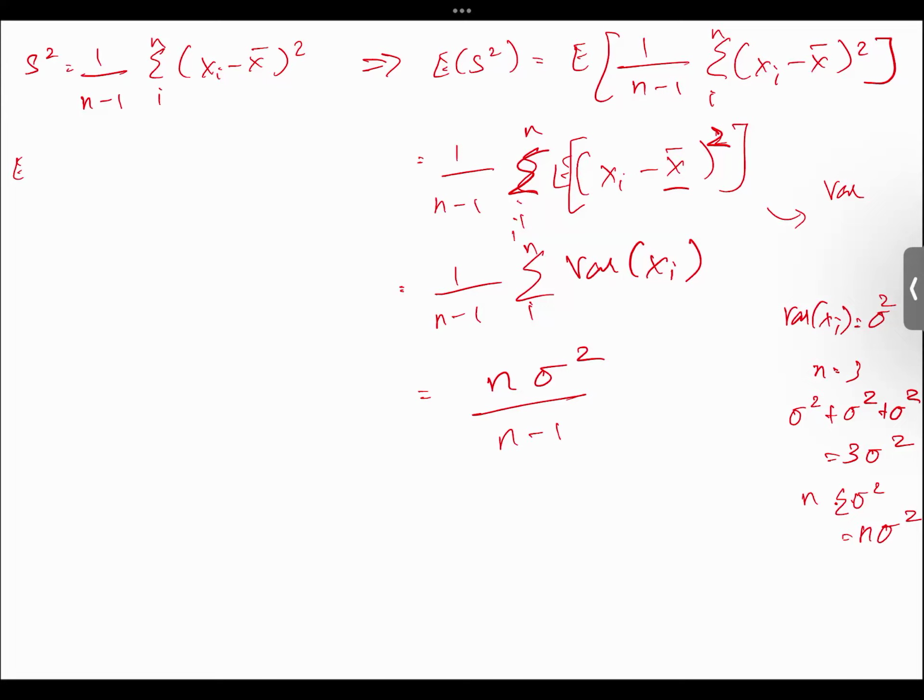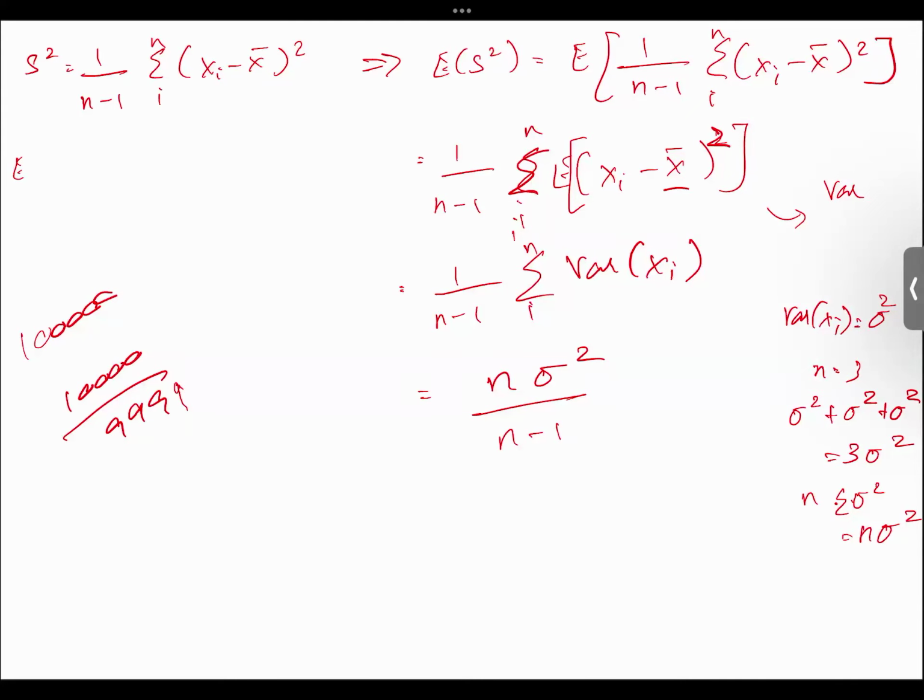Okay, you'll have this. Now if you think about a large sample, for a population, let's say you have 10,000 samples. What will happen? 10,000 divided by 10,000 minus 1 is 9,999.